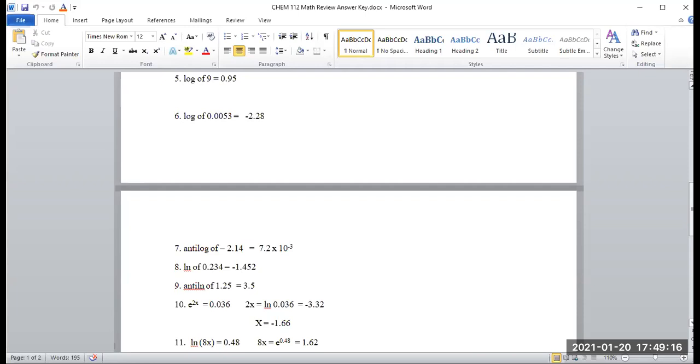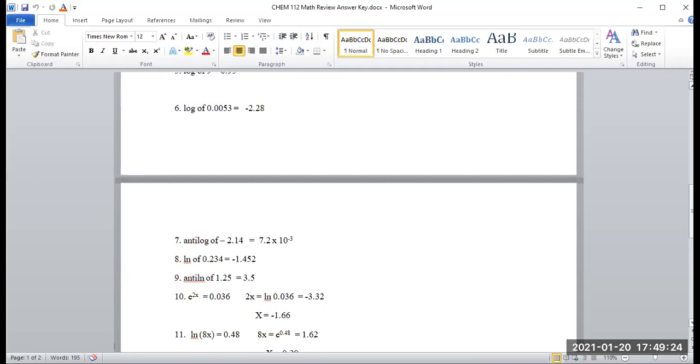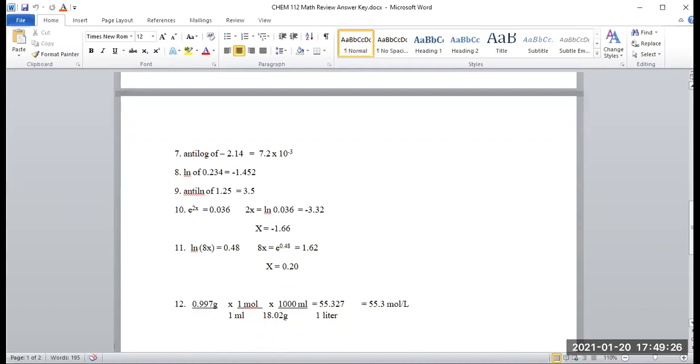Natural log, ln, of 0.234 should give me negative 1.452. Back to reverses again. Anti-natural log, so shift key, ln 1.25 equals 3.5.